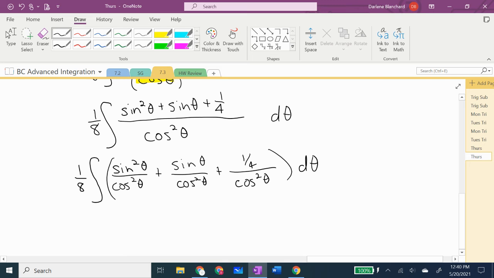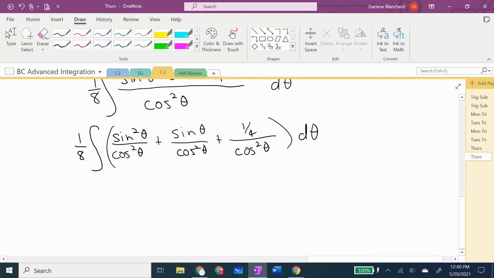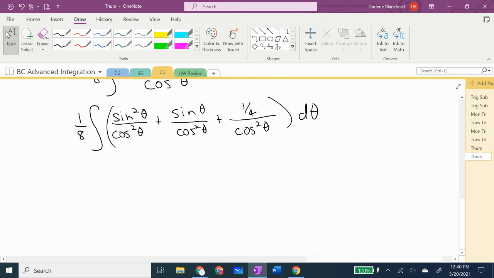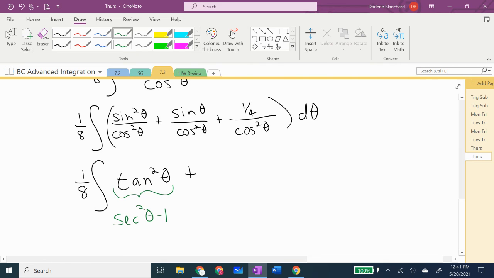And you may want to stop the video and see if you can complete this integration on your own. Sine squared over cosine squared is tangent squared. I will be able to integrate tangent squared if I first convert it to secant squared minus 1 using the Pythagorean identity.